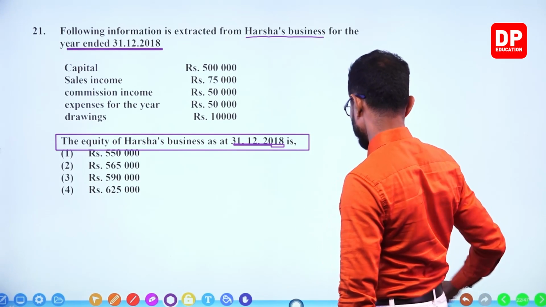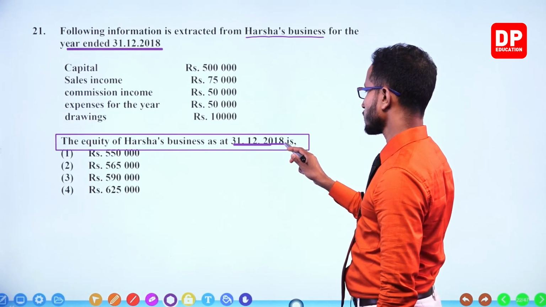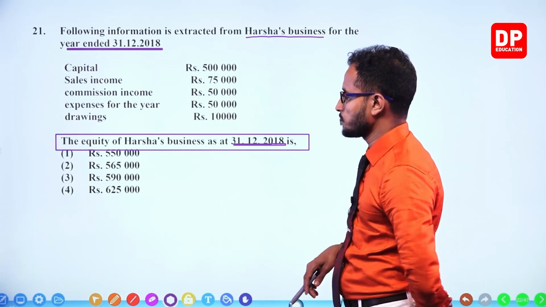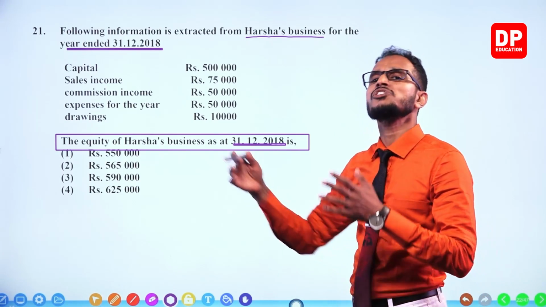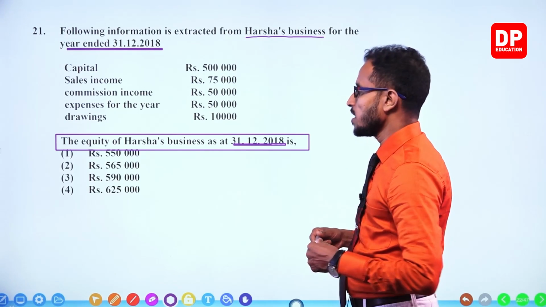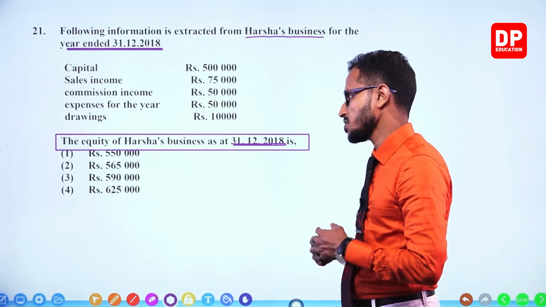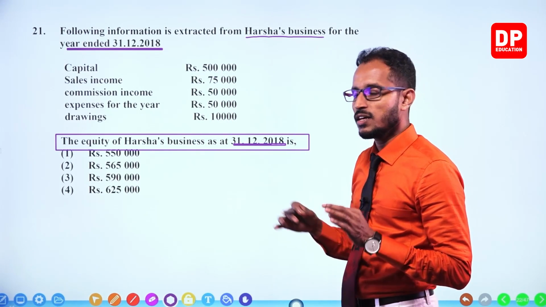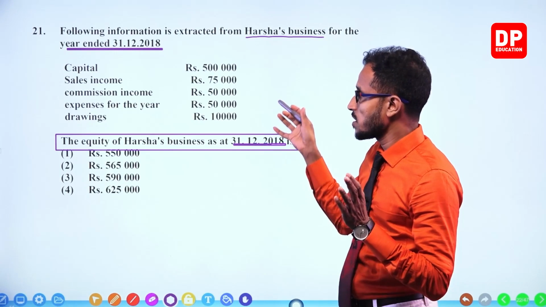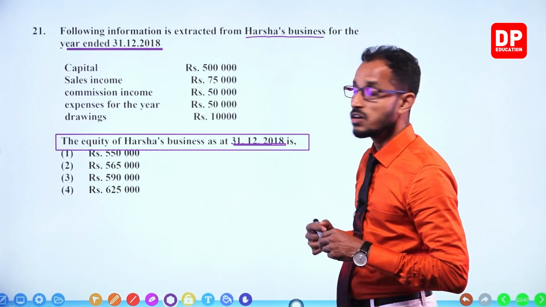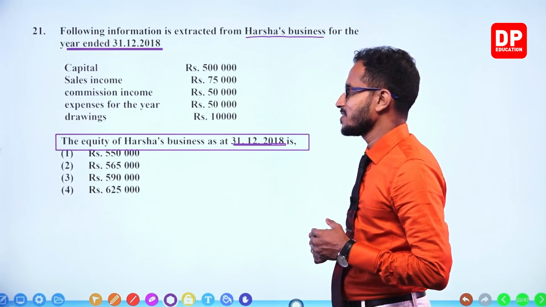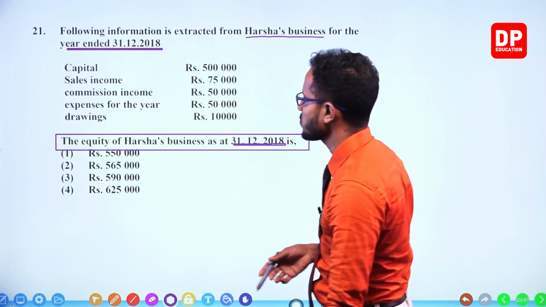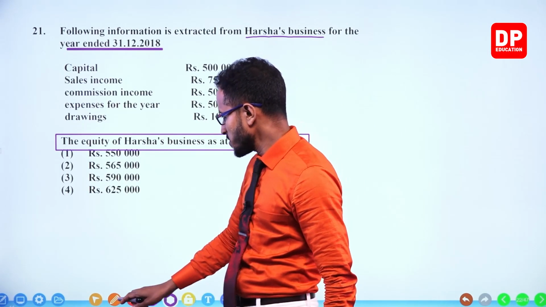So what are they asking? They are asking whether the equity of Harsh's business has changed due to these given transactions. If at the launch of the business the capital was 500,000, incomes increase capital.